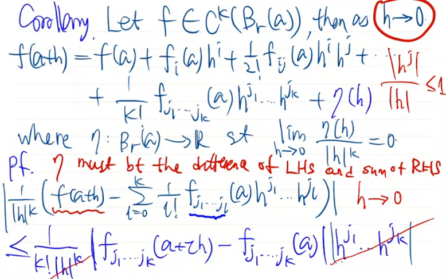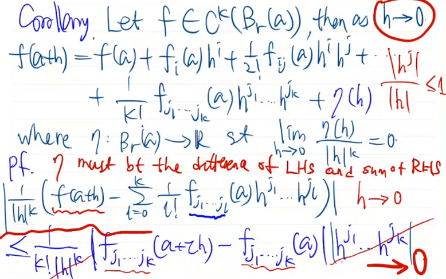For every j1...jk, the corresponding f_{j1...jk} is a continuous function. So as h goes to 0, the absolute value goes to 0. In conclusion, everything together goes to 0. So this proves that this goes to 0 as h goes to 0. So this is the conclusion of our corollary.